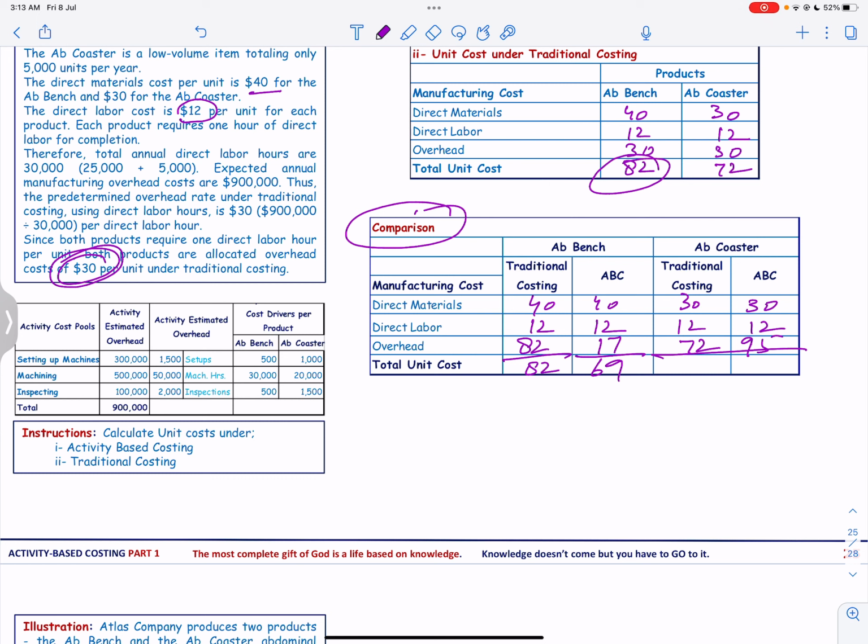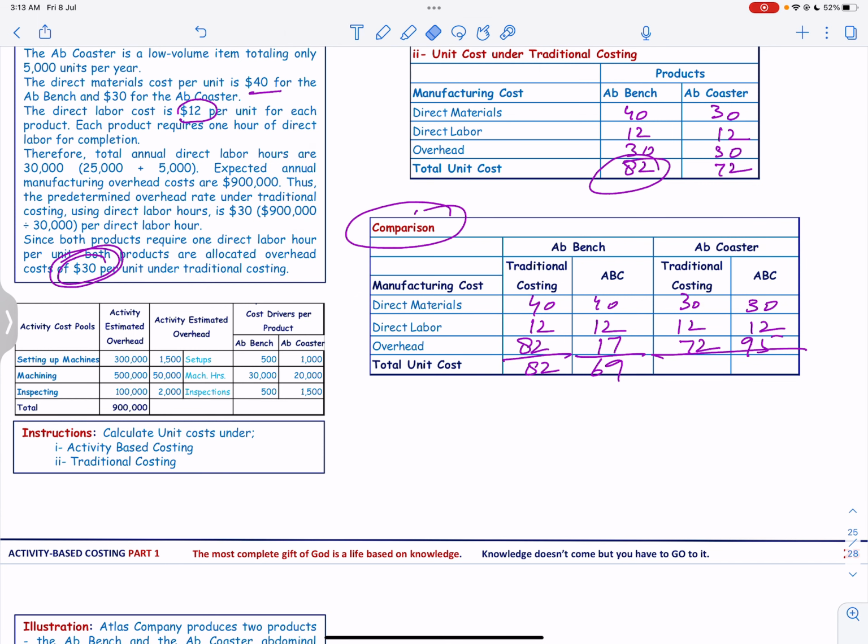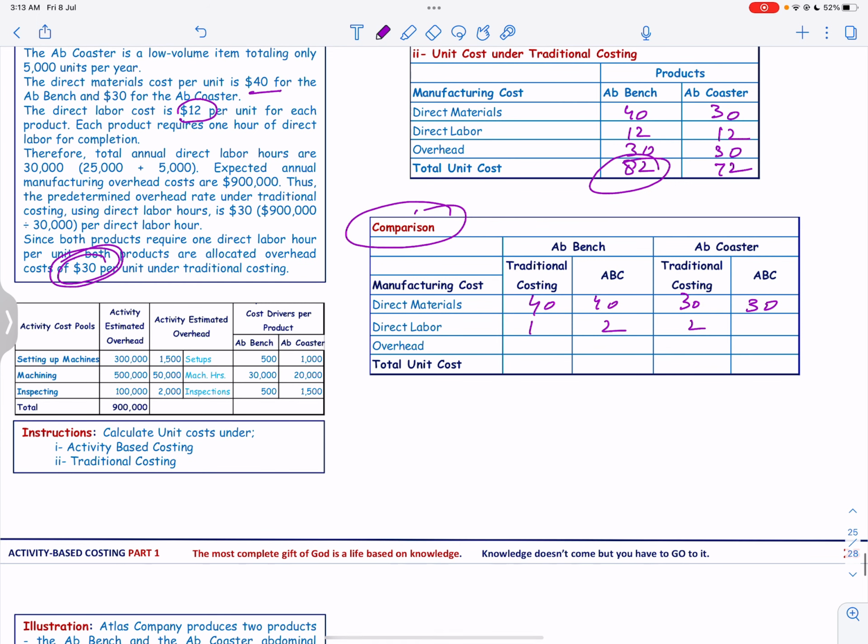the overhead is how much, 30 each. Thirty and 30, 17 and 95. So the total unit cost will be 82, 69, 72 and 137.